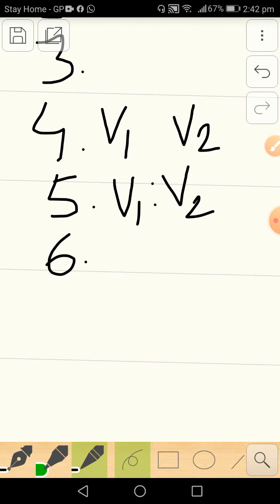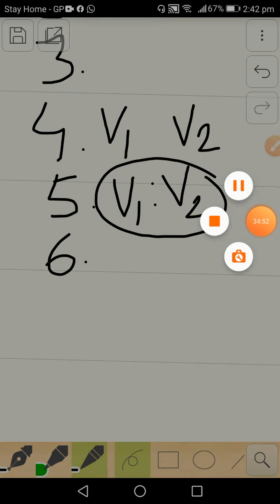Number 6, mix solutions in a separate container according to the calculated volume ratio.